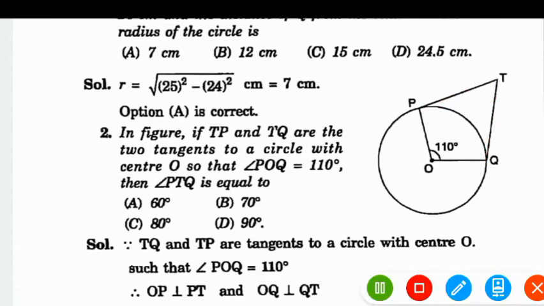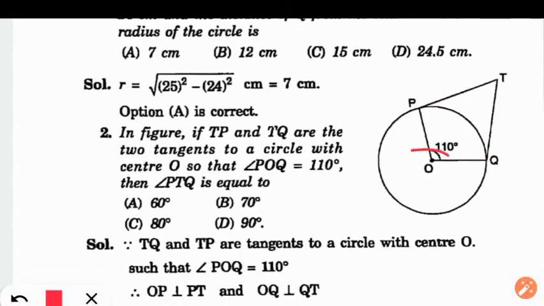So it is very easy. This angle is given, and we know these two angles, angle TPO and angle TQO, according to the first theorem, both are 90 degree. We are required to find this angle, and we know that OPTQ is a quadrilateral.